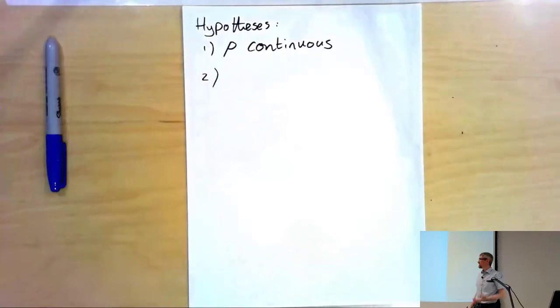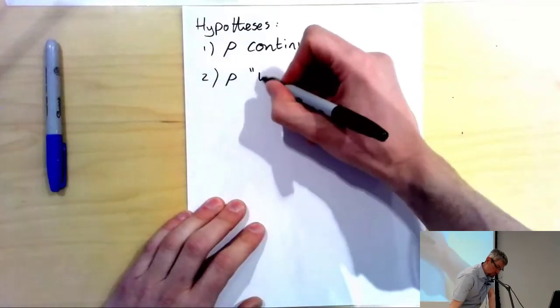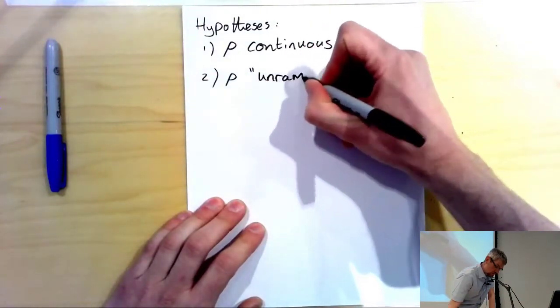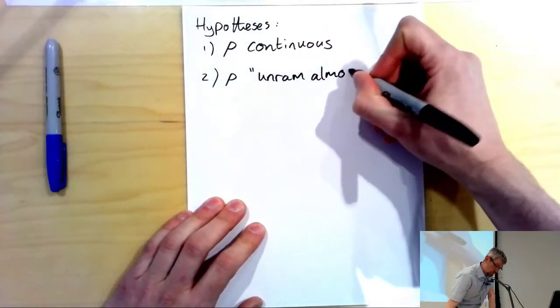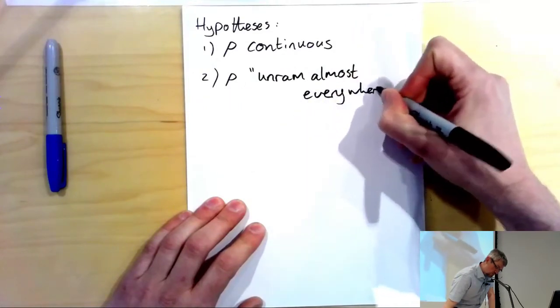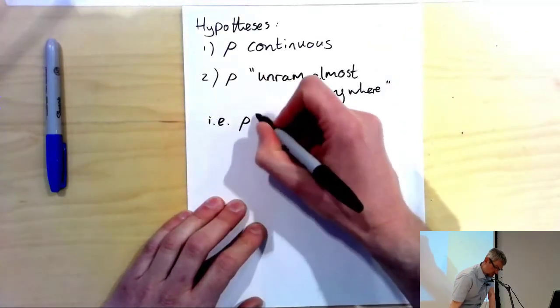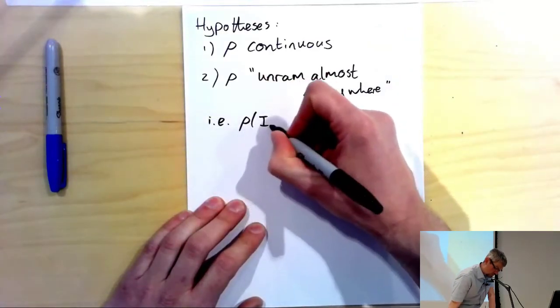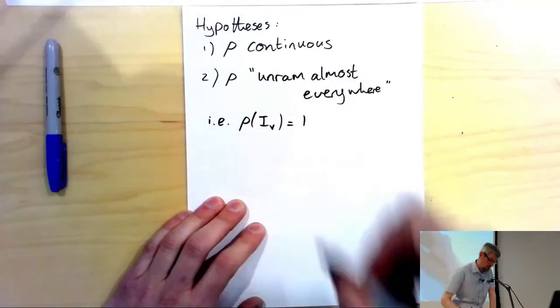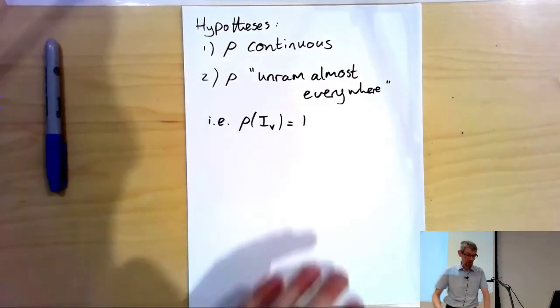And the second, slightly more subtle hypothesis is that rho should be unramified almost everywhere. So that means that rho should be trivial on the inertia group at v for almost all places, all but finitely many places v of K.